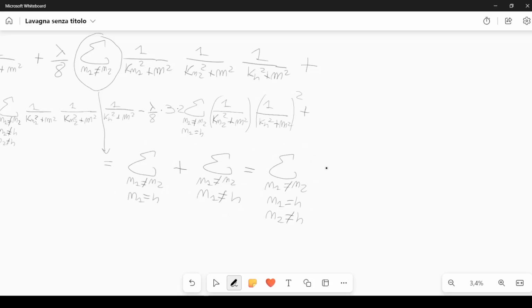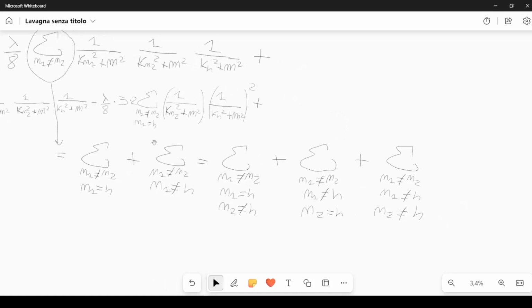Then we have to rewrite this summation plus summation over n1 not equal to n2, n1 not equal to h. Then we can assume that n2 is equal to h in this first summation, and then we can split it like this, summation over n1 not equal to n2, n1 not equal to h, and n2 not equal to h. But now you can see that due to the symmetry of the indices n1 and n2, these two summations are exactly the same.